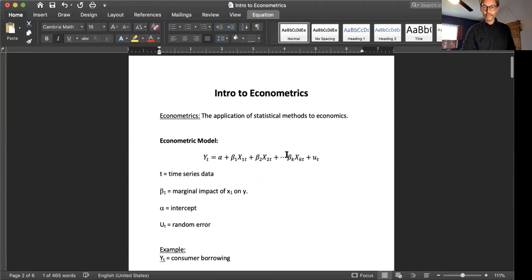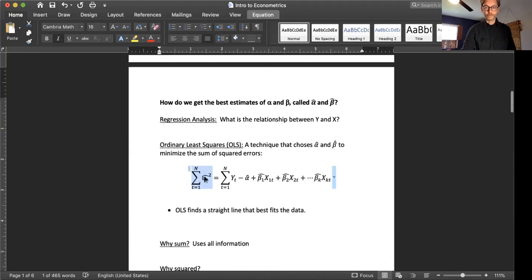It's picking different alphas and different betas, trying to find the combination that minimizes the sum of squared errors, right? So that's our estimated error, squared for every observation and summed across all observations that we have, right?